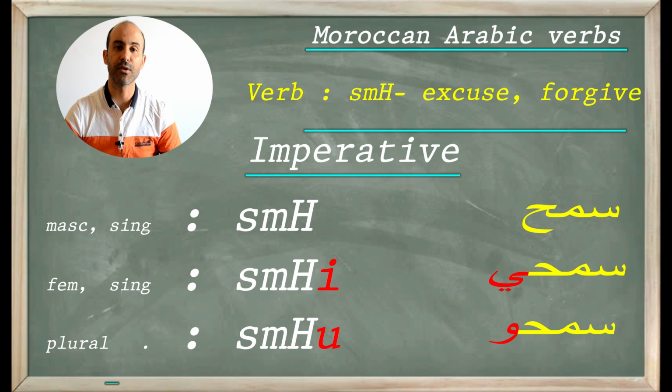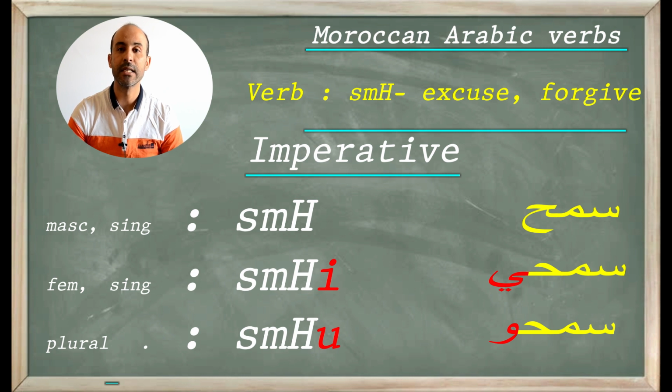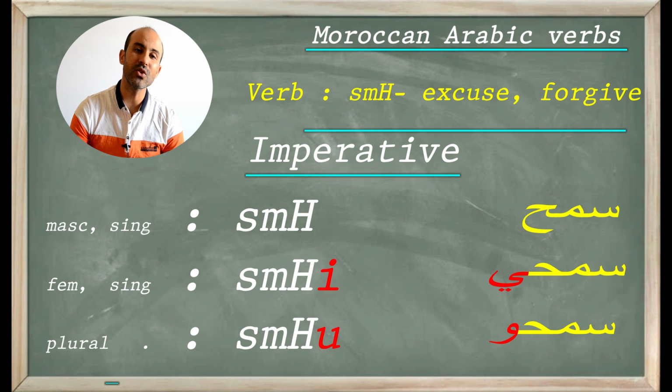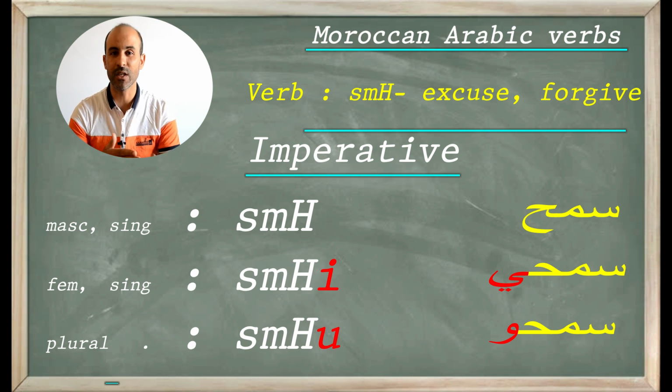So let's work the pronunciation, and the first one here is سمح. So try to say it without any vowel in between. I know it's hard. 3 consonants without any vowel, but you can do it with practice.